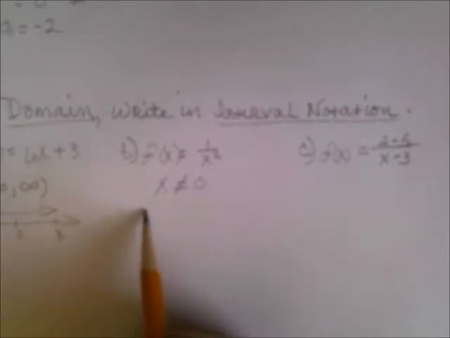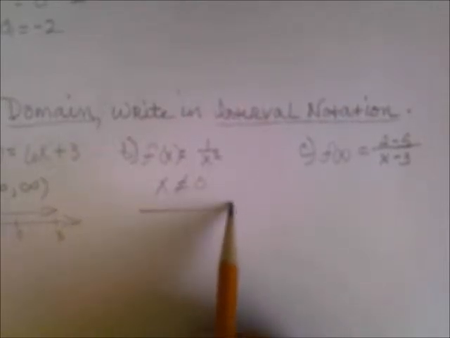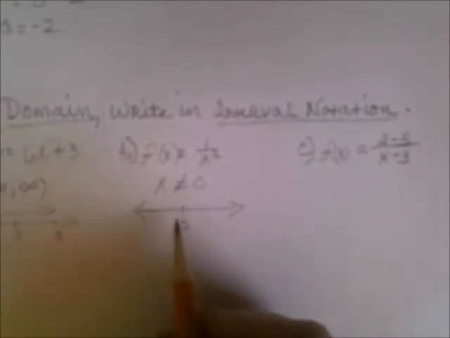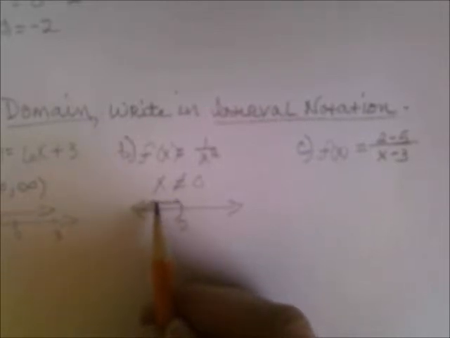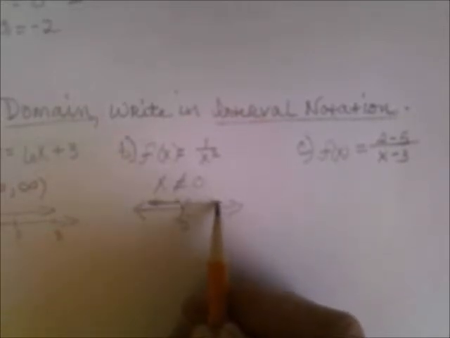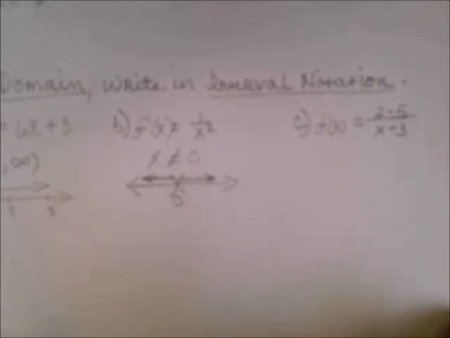Okay, when we think about that, then we say, if we're going to graph that on our number line, here's 0, and it can't be equal to 0. It can go right up to that 0, but it can't be equal to 0. So all of the negative numbers except 0, right? And all of the positive numbers except 0. That's how we graph it on the number line.